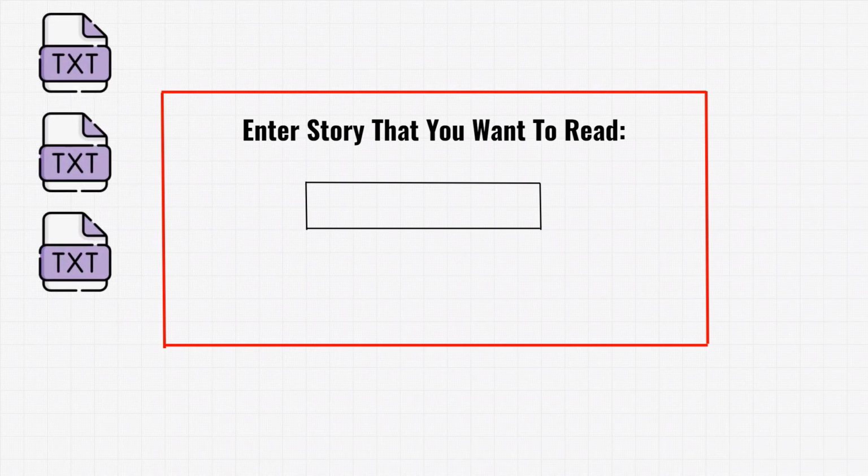Once a client types in the name of the story that they want to read, the server processes the content of that story's TXT file and outputs it back to the web page. Now, this is a very simple example, but it will give us a good understanding of what exactly command injection is. And what we saw right here was a normal usage of this web application.